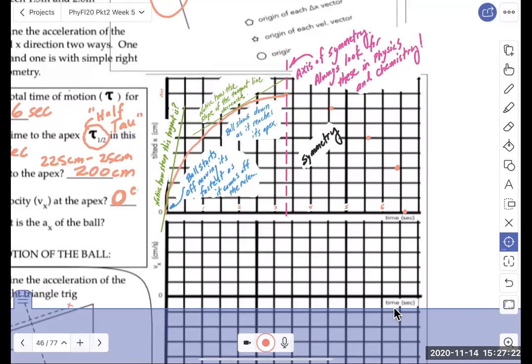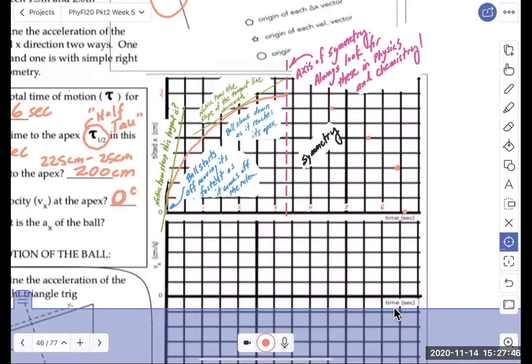So we're in a bit of a fantasy world here, but the further you go in physics, the more real the situation gets, but then the harder the math gets. So we're getting there. We'll be at much more complicated math by the time April and May rolls around. But for now, all right.